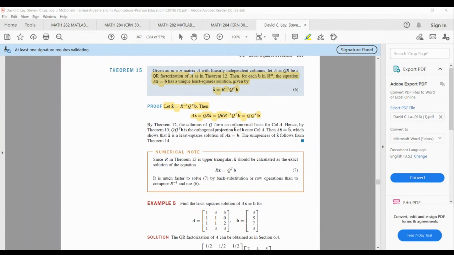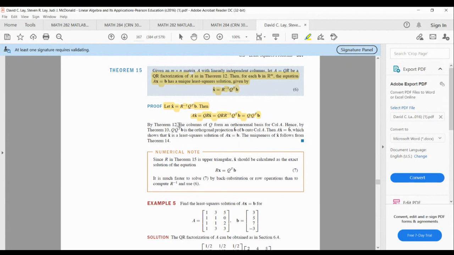Well, A is equal to Q times R, so A times x hat is Q times R times x hat. Now they're replacing x hat by R inverse times Q transpose times b. Since R times R inverse is the identity, they get A times x hat equals Q times Q transpose times b.